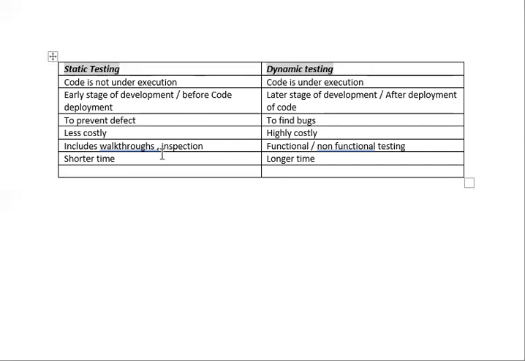If we talk about examples, verification is a part of static testing, which is done by the QA, quality assurance team, while dynamic testing is done by the testing team.